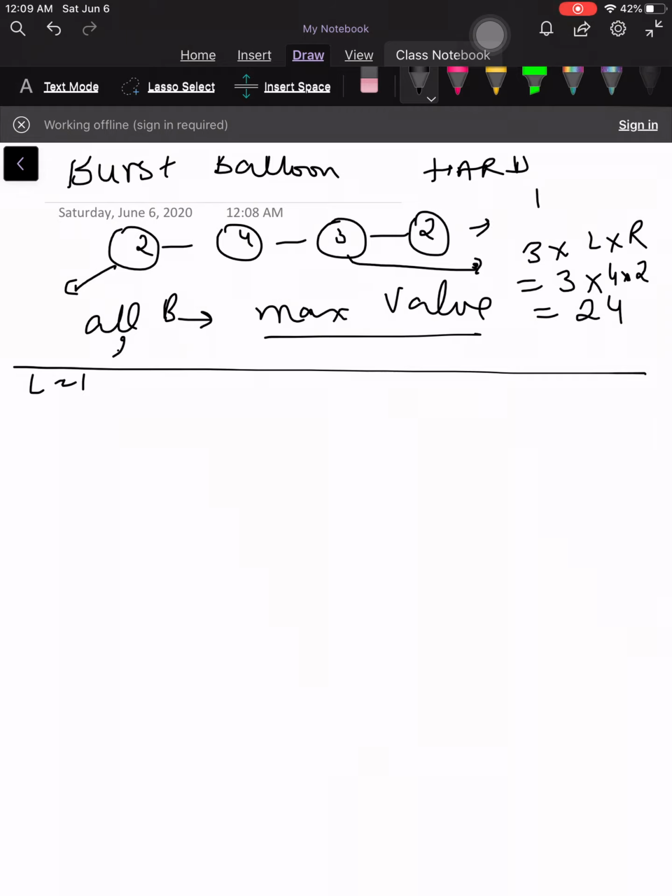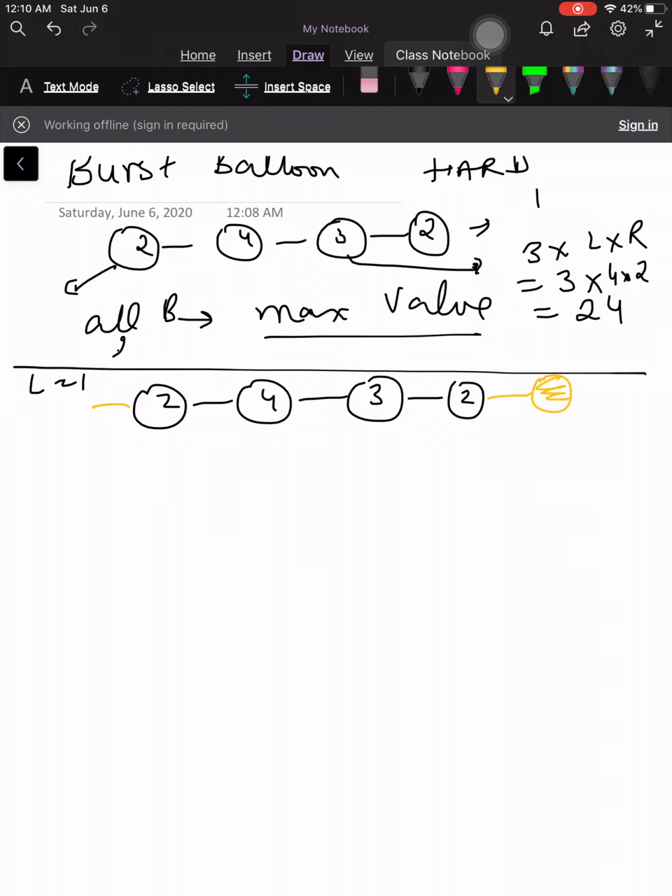So if there is a single balloon left, both neighbors are 1. Taking that, let's say our balloons are 2, 4, 3, 2, and there are 2 balloons on the side which cannot be burst, and the value is 1. This makes implementation a bit easy.